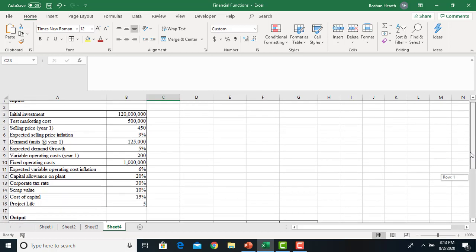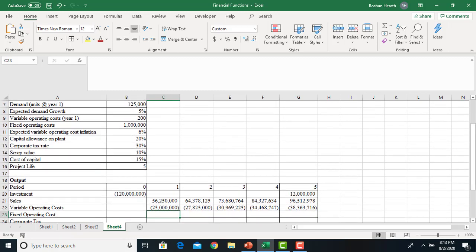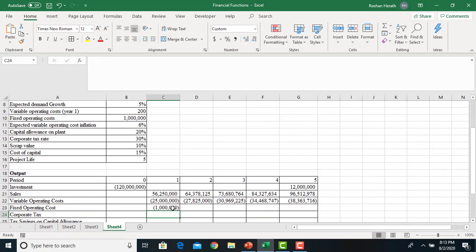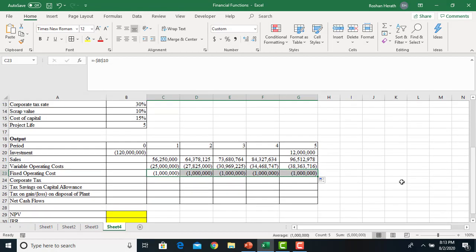Yes, you can easily accommodate that. It's 1 million throughout the period. So make it constant. Then you can simply drag it. Now you have the cash flows. The sales are there. The variable operating cost is there.